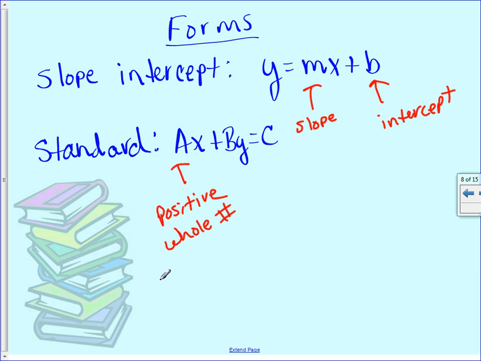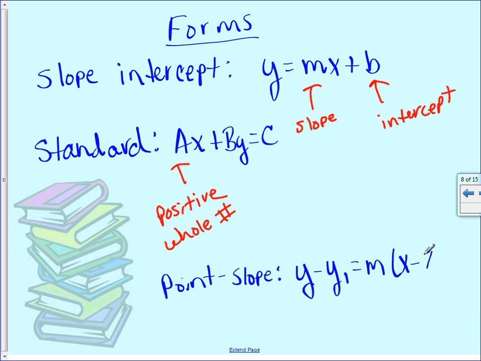Then we have what we just finished doing, which is point slope. Point slope form you guys don't like at all. Like nobody likes doing point slope. Which is y minus y1 equals m times x minus x1.